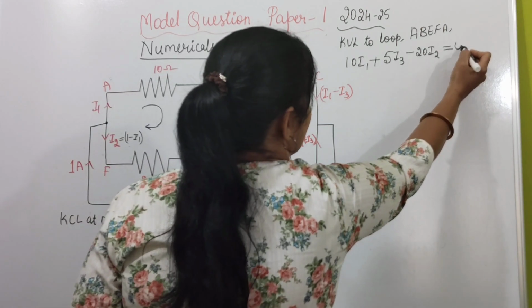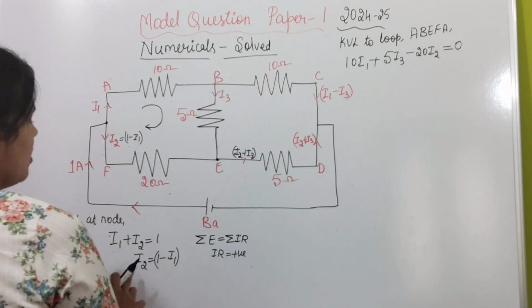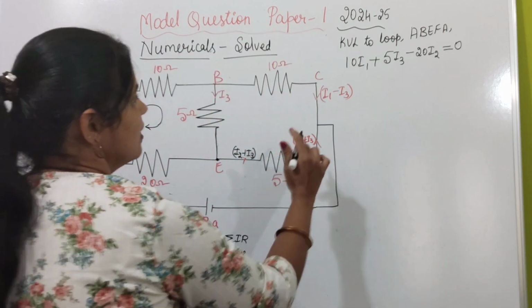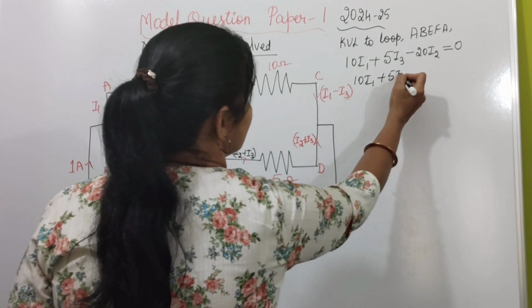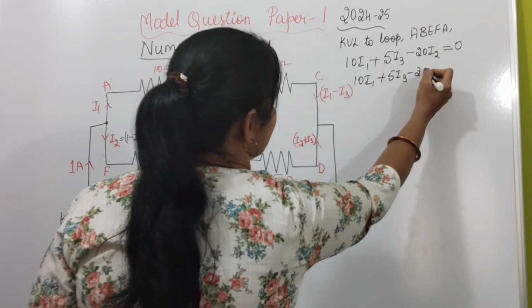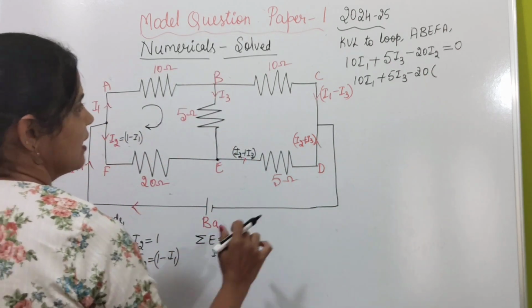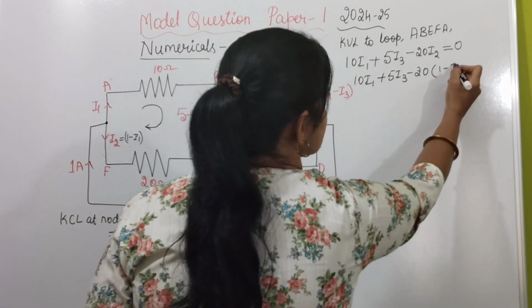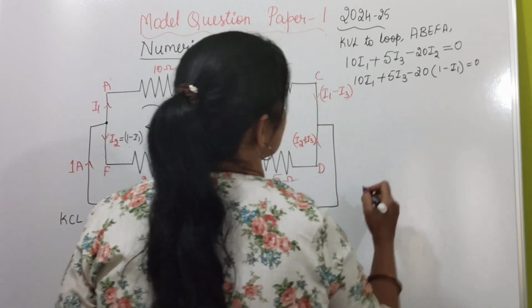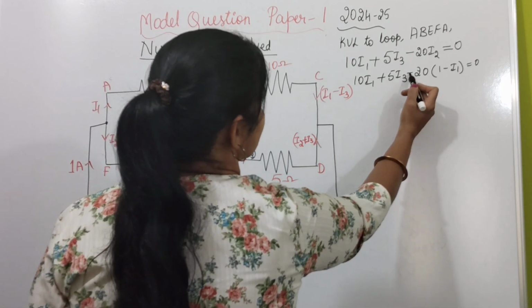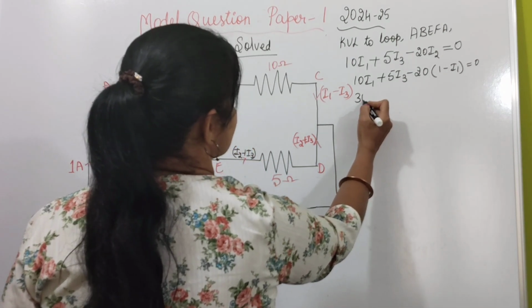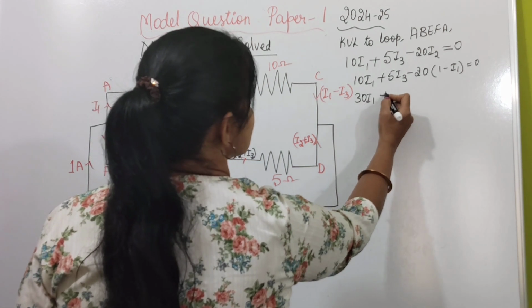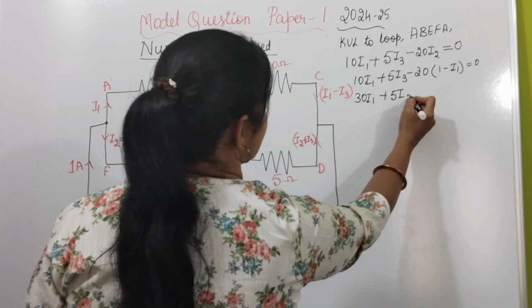Let us simplify it further because I2 is 1 minus I1. So 10 I1 plus 5 I3 minus 20 into (1 minus I1). Minus of minus is plus, so 20 I1 plus 10 I1 is 30 I1 plus 5 I3.